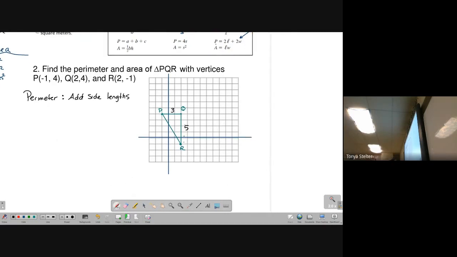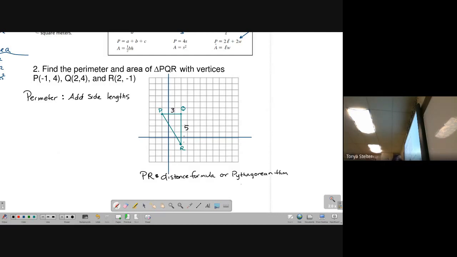So to find PR, you're going to use distance formula or Pythagorean theorem. All right, I'm going to use Pythagorean theorem.